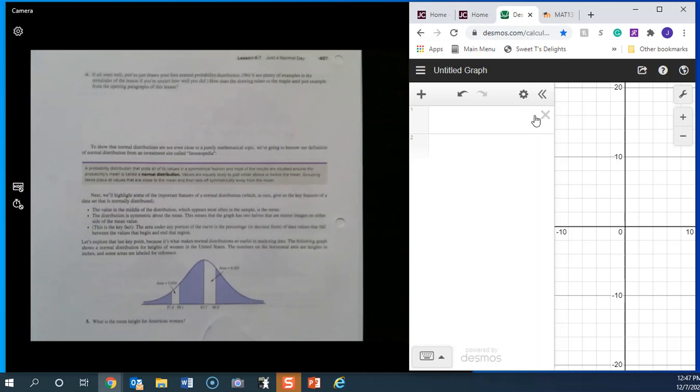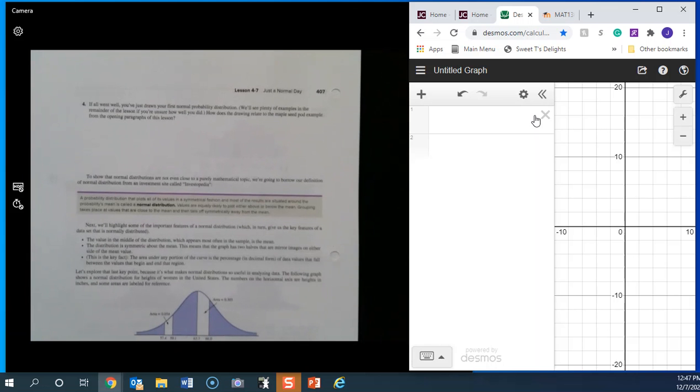Okay, now we go to the back. If all went well, you've just drawn your first normal probability distribution. We'll see plenty of examples in the remainder of the lesson if you're unsure how well you did. How does the drawing relate to the maple seed pod example from the opening paragraph of this lesson?